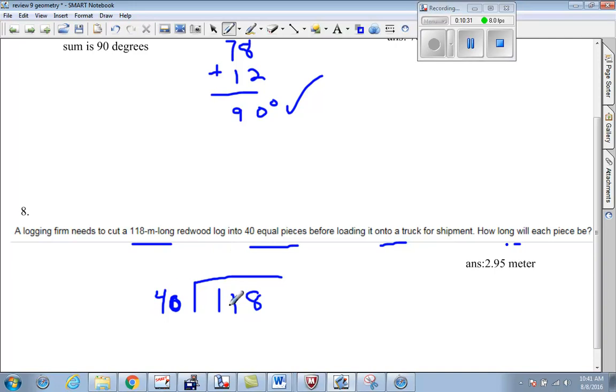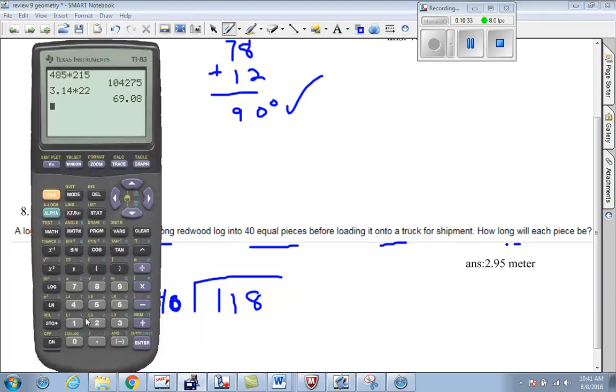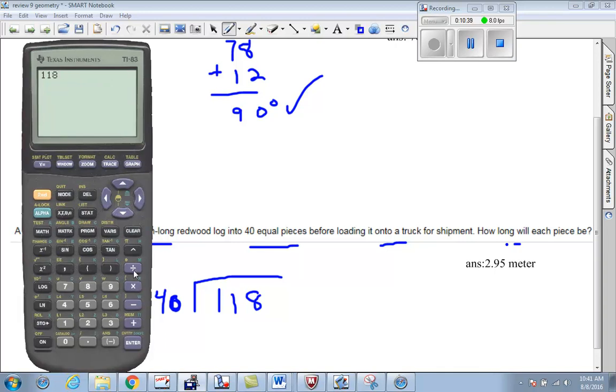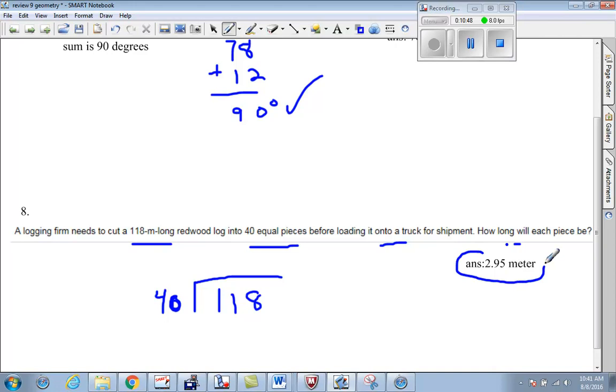So 118 divided by 40 is 2.95. And so 2.95 meters is the answer.